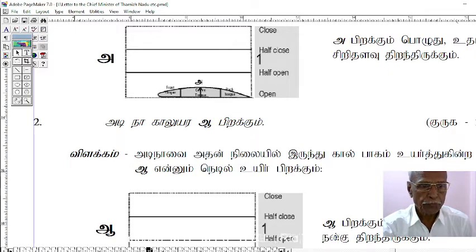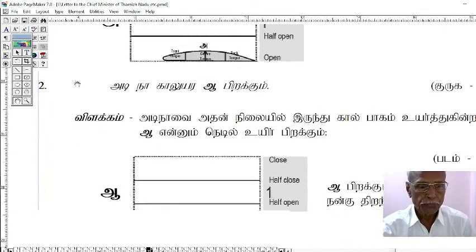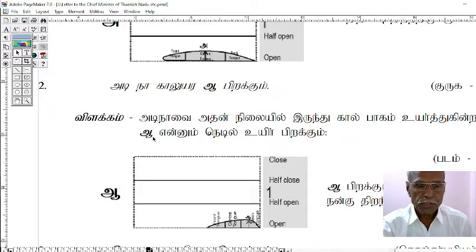See, the second phoneme Aa, the long form of the phoneme A, is produced by raising the back of the tongue to 1/4 of the height.